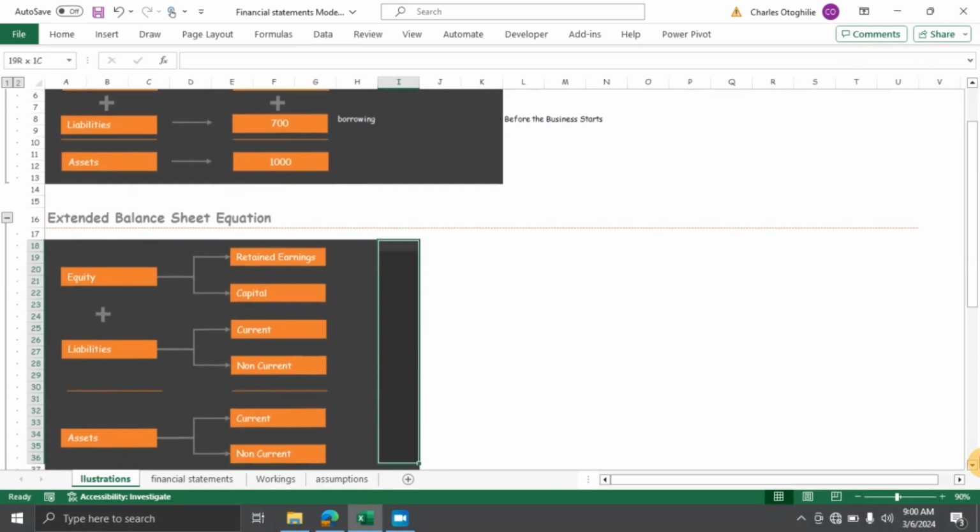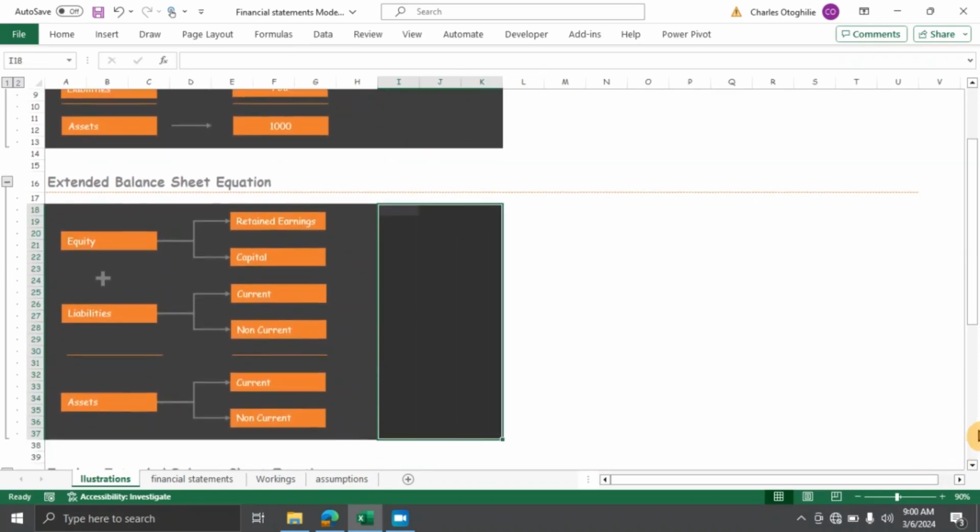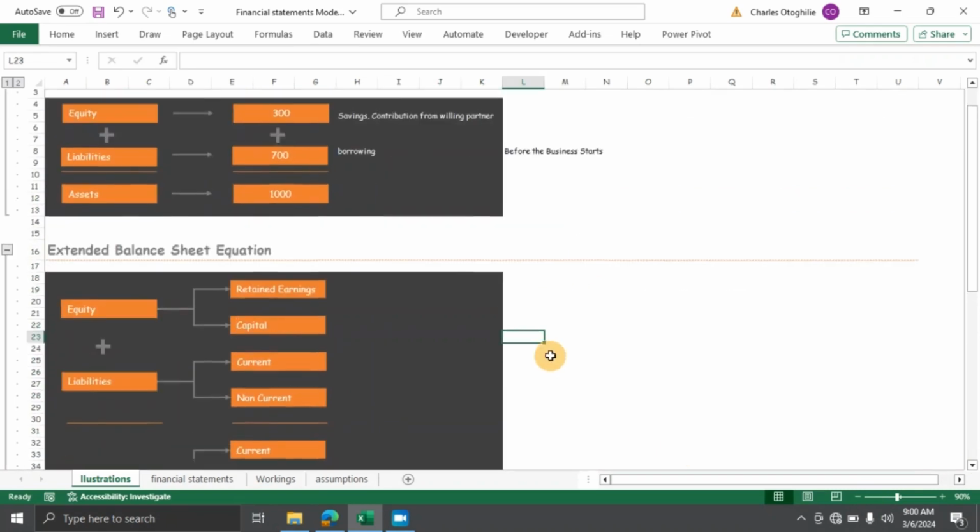Here, this is after the business. The business has started, and why do we say that the business has started? Because we can see retained earnings here.